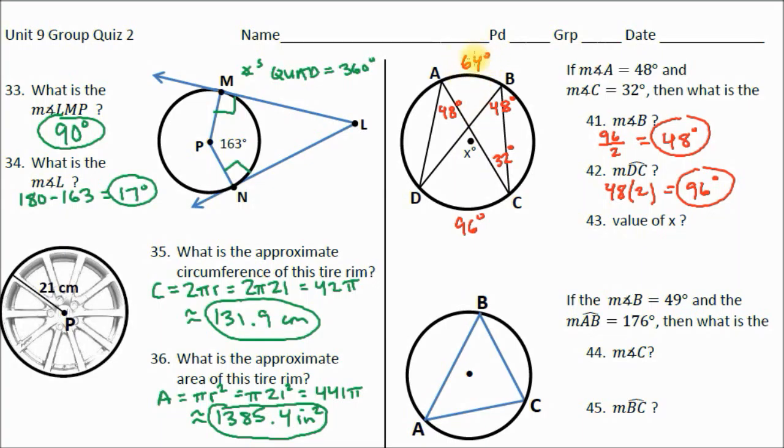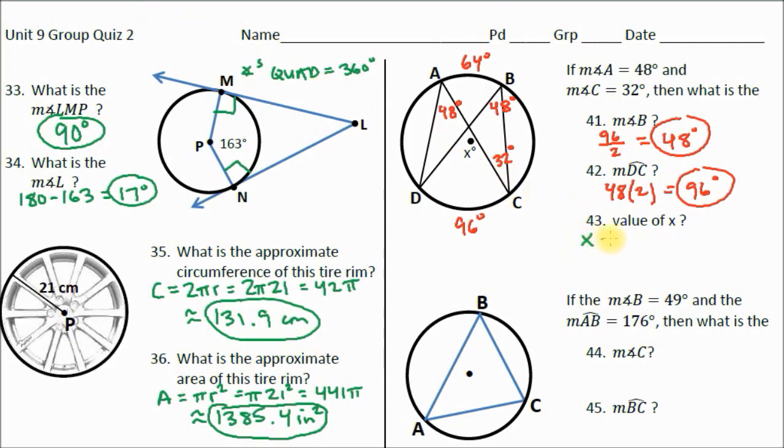Look at our property of intersecting chords inside of a circle, or angles inside of a circle. This chord 64 plus 96 can be used to find this angle measure. So we've learned this.